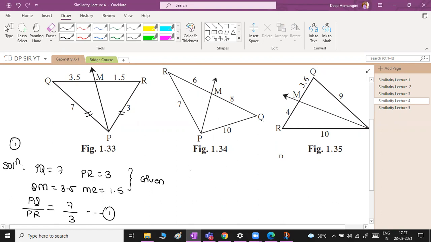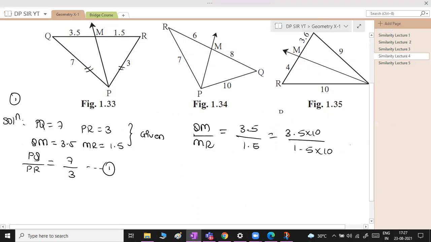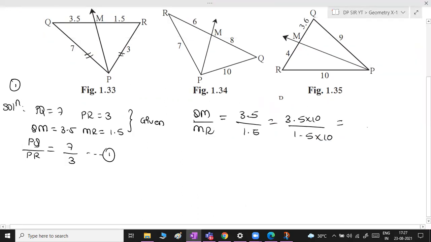Let's check for the second ratio, that is QM upon MR. There I am going to get 3.5 upon 1.5. If you are not good at solving with decimals, remove the decimal by multiplying by 10. So 3.5 upon 1.5 is equal to 7 upon 3. So let this be my equation number 2.